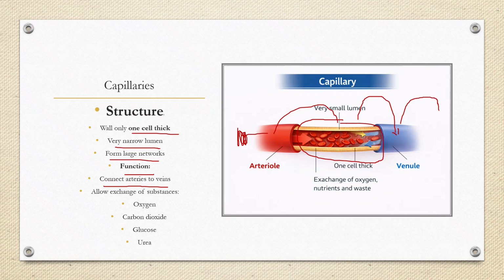So that's why it connects arteries to veins. It allows exchange of substances like oxygen, carbon dioxide, glucose and urea. So this is the main function of the capillaries: the exchange of oxygen, nutrients and waste.